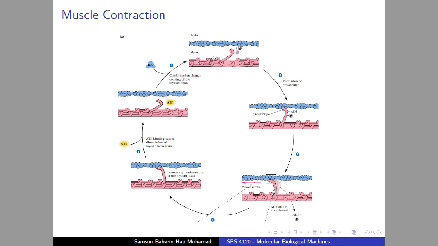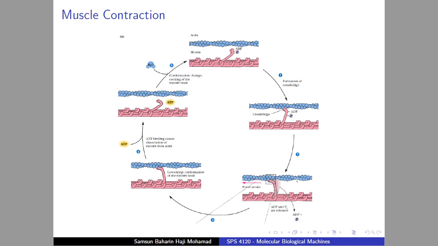Okay, number one, formation of the cross bridge, with actin and ADP. This cross bridge will move because of ADP, so it will change its configuration.